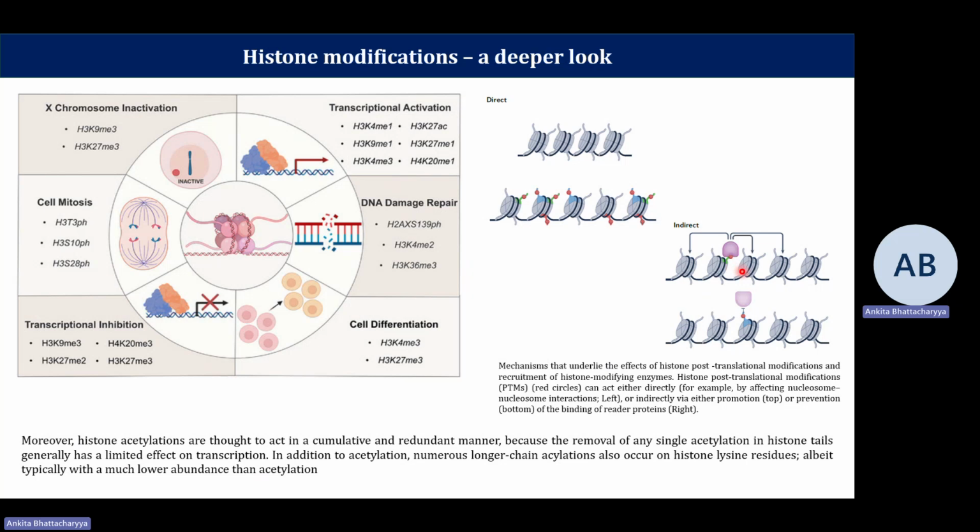Like you can see here, I think this is the recruitment. Yeah, the pink reader is getting recruited at this locus and is recruiting at some neighboring loci, whereas the presence of a certain modification is preventing the reader from getting recruited at that locus. Both possibilities actually exist.